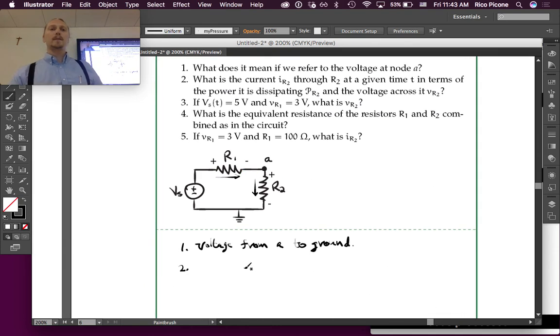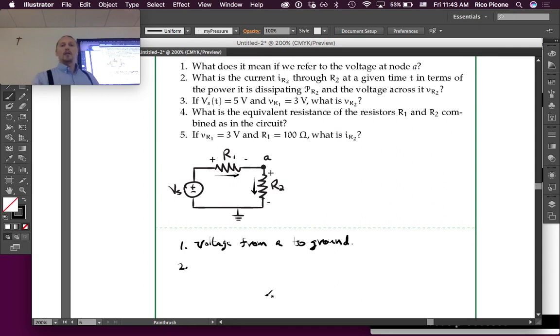Okay. So number 2, what is the current IR2 through resistor 2 at a given time t in terms of the power it is dissipating, PR2, and the voltage across it, VR2? We're pretty early in the game here. We don't have a lot of formulas. And this one involves power. How many formulas do we have that involve power? Just the one, so, probably going to use it.